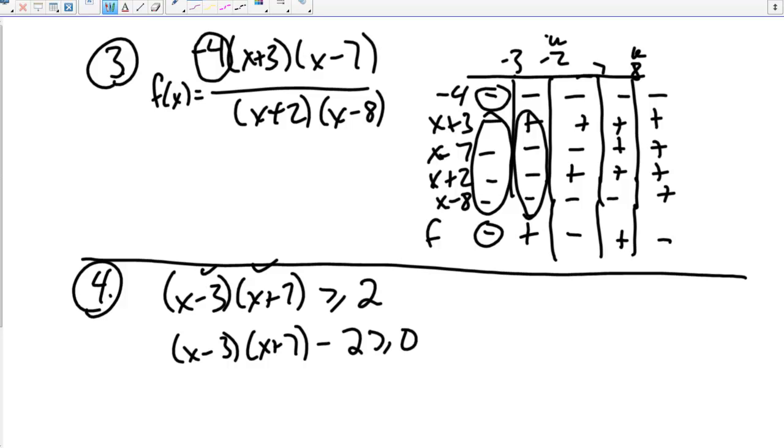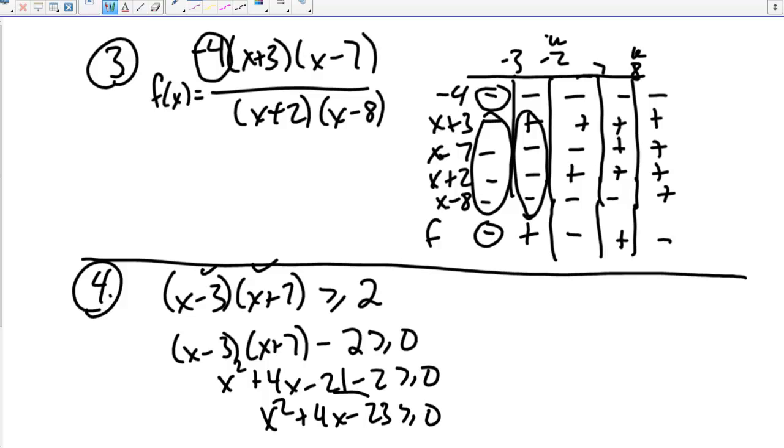In this case, it's not as nice and factored out, so we would need to multiply this out. And we wind up with not the prettiest quadratic to deal with, but you can certainly find the critical values and so on. They'll be irrational in this case, where it might change sign. But the big story here is that you're comparing with 0 and can take advantage of making a sign chart.